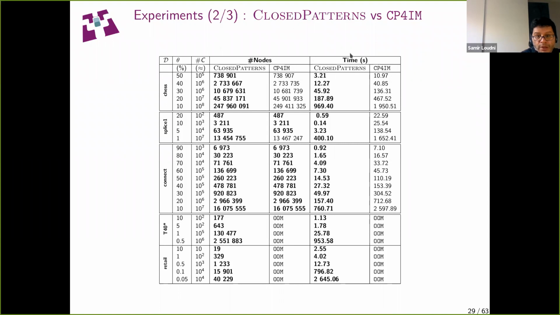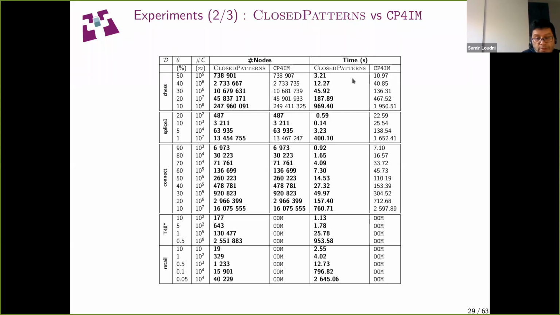We compare the two approaches in terms of the number of nodes and the runtime, CPU time. The main observation is that closed pattern clearly outperforms the reified model, CP4IM, either in terms of number of nodes or in terms of runtime.